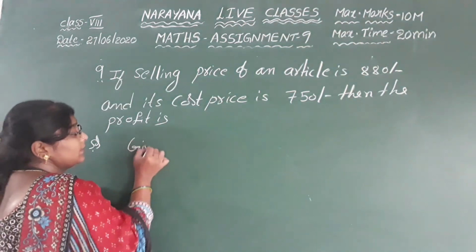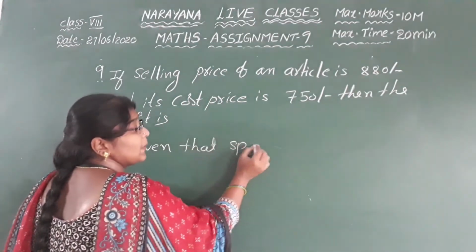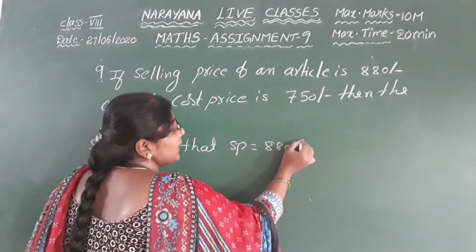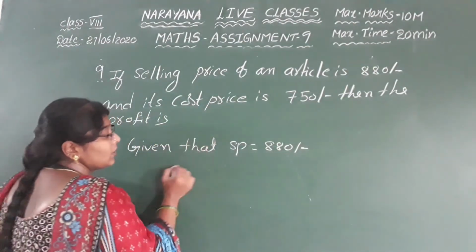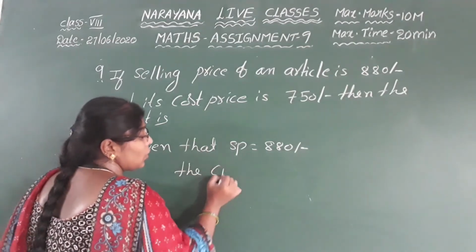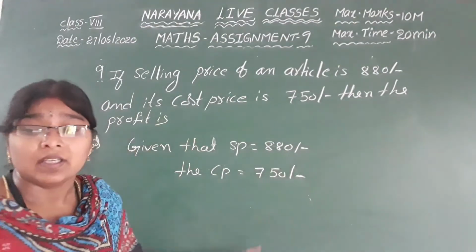So what is given? First, we take given that selling price, SP means selling price, 880 rupees is given. And next, the cost price, 750 rupees is given.